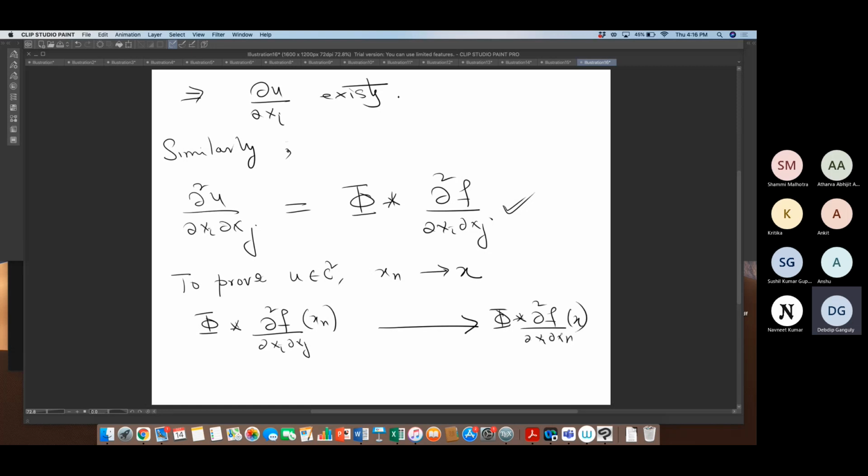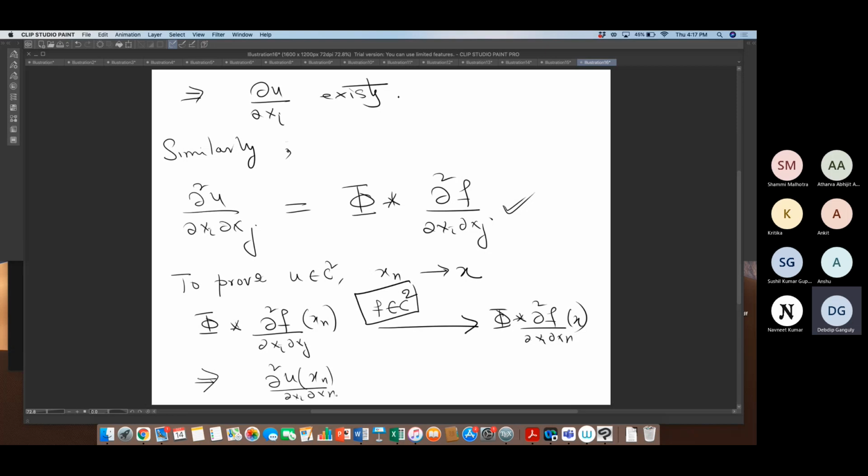Why? Because f is C2, and on compact sets phi composed with that again becomes a continuous function. So exactly, and these imply del square u by del xi del xj at xn converges to del square u by del xi del xj at x.